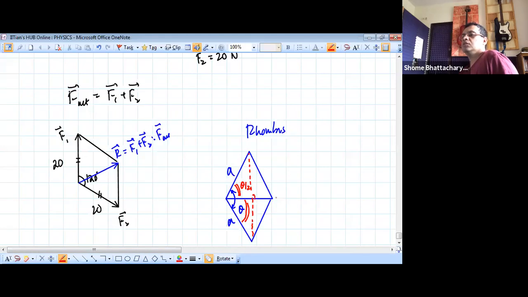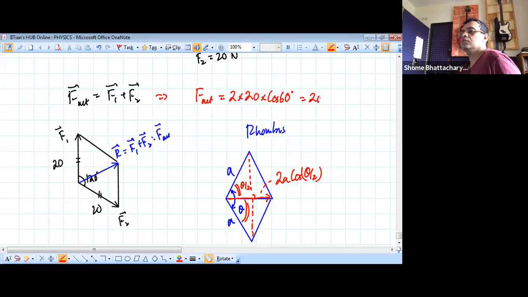So this diagonal, how much does it become? It becomes 2a cos theta by 2. So you can use this over here. So here the magnitude of net force will become 2 into 20, which is 20 root 3.